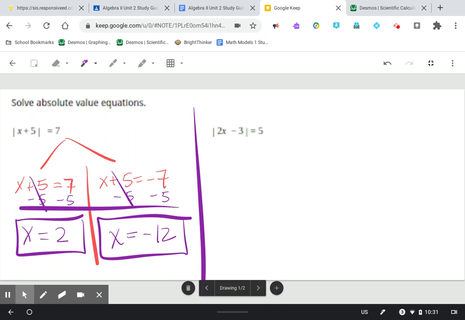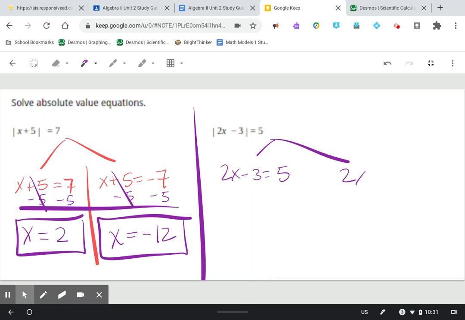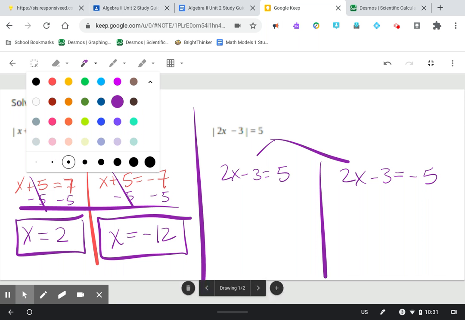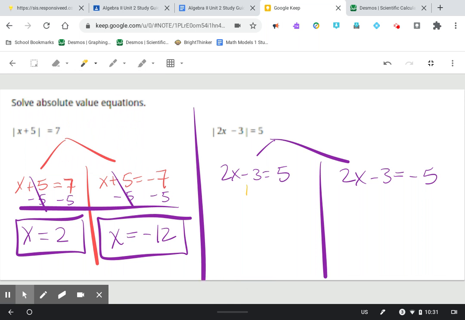Looking at the next one, similar idea. I need to make this into 2 separate equations. 2x minus 3 equals 5, and 2x minus 3 equals negative 5. Solve each of those equations. I'm going to add 3 to both sides. That's going to cancel on either part, and then it's going to be 2x equals 8 on this side, and 2x equals negative 2 over here.